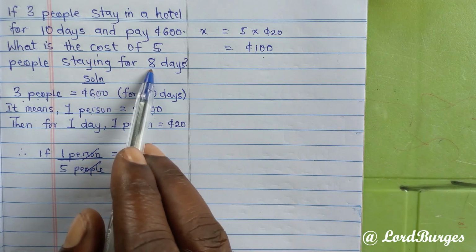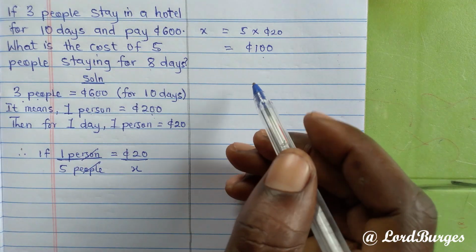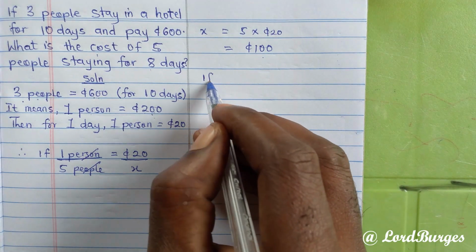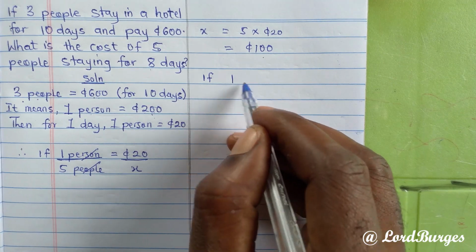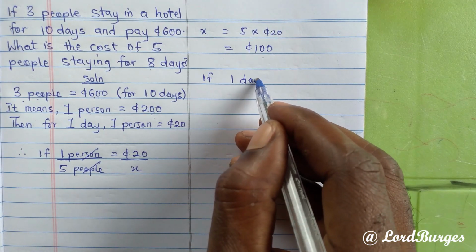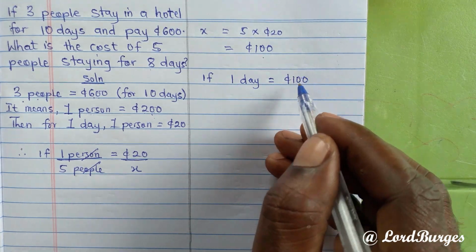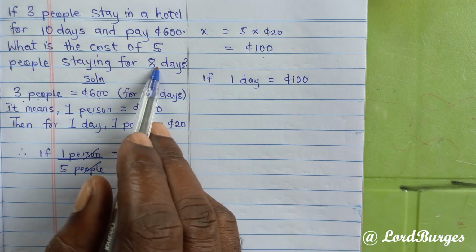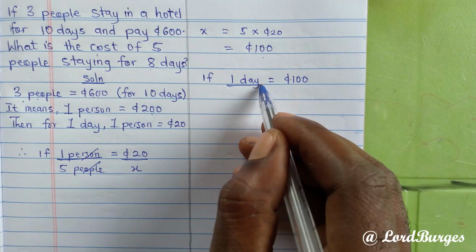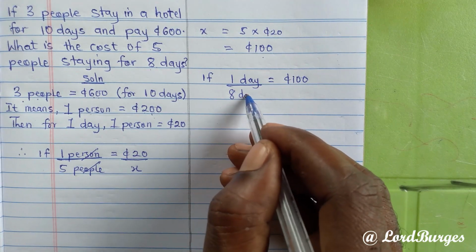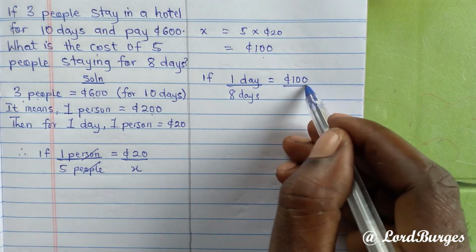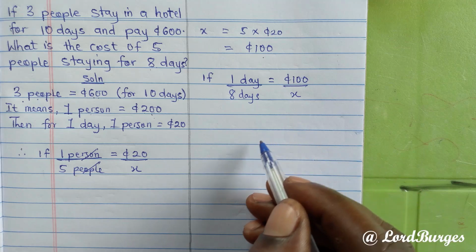So per the question, they were there for 8 days. Therefore, let's continue. If one day is 100 cedis, they stayed there for 8 days. So 8 days will give us how much?